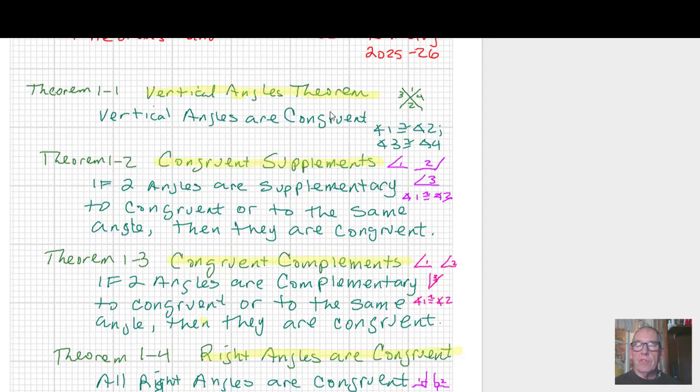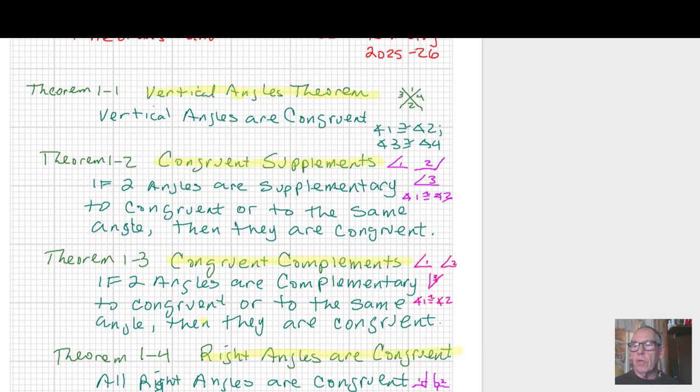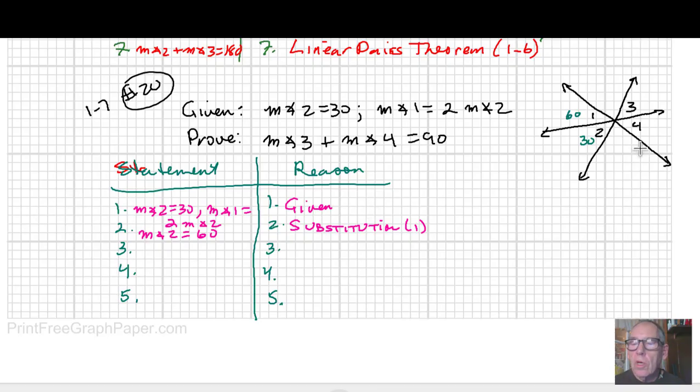So I'm going to have to say those angles are congruent, and then since they're congruent, their measures are equal, to actually get the measures part in there. So let's say angle 1 is congruent to angle 4, and also angle 2 is congruent to angle 3. And that's our vertical angles theorem.